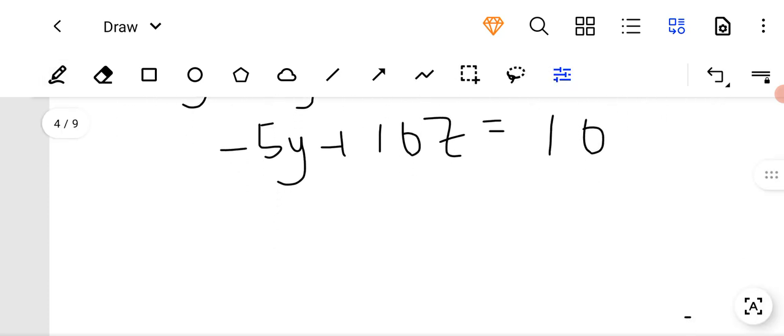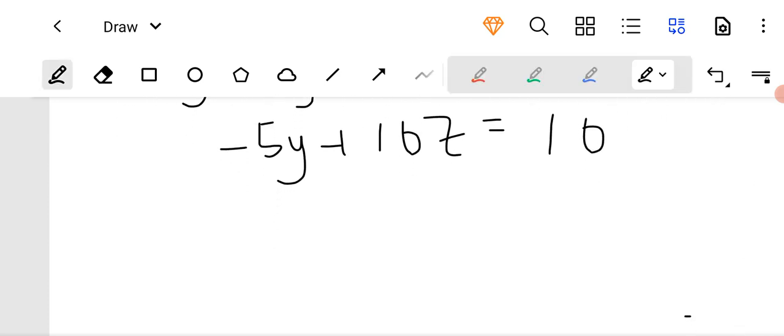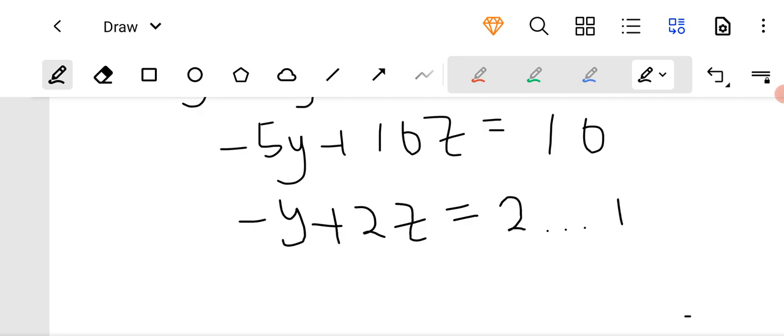We divide throughout by 5 and get negative y plus 2z is equal to 2. Then this will be our equation 5.